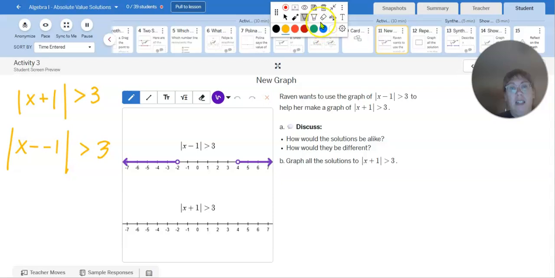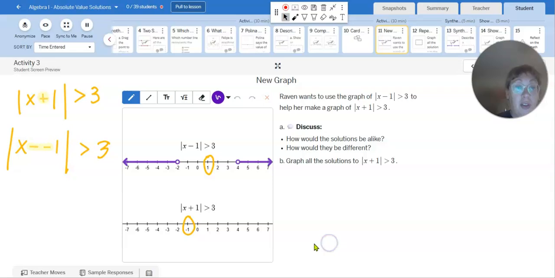But when we have minus a negative, like we do right here, we would simplify and just change that to a plus. So for this one, instead of being 3 units away from +1 here, we are going 3 units away from -1. So our graph is focused here.